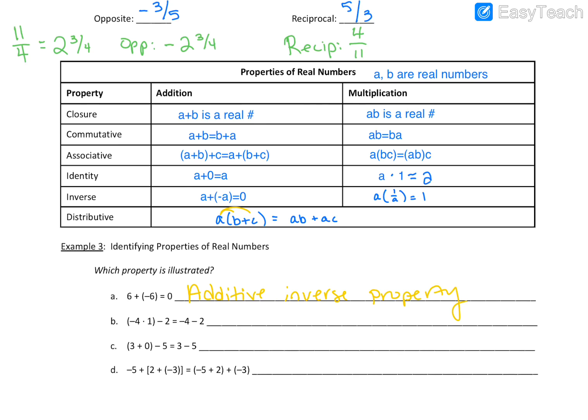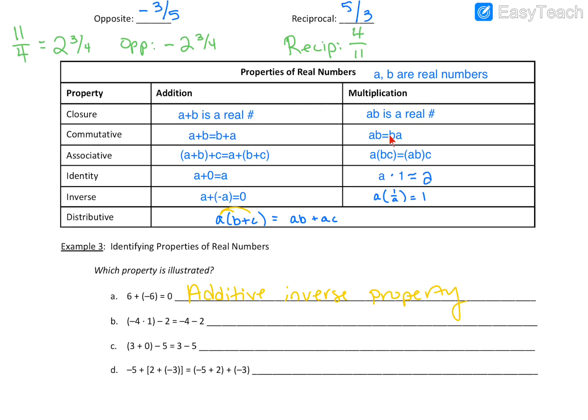Okay. The next one, we look at it and we have parentheses and then no longer have parentheses. None of the properties get rid of parentheses, so that means something happened within this set of parentheses. Negative 4 times 1 became just negative 4. So something that's being multiplied by 1 no longer has the 1.